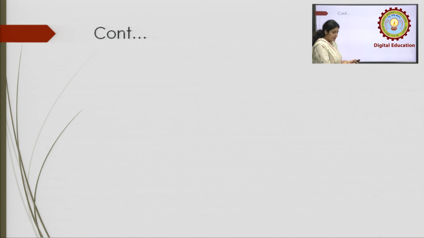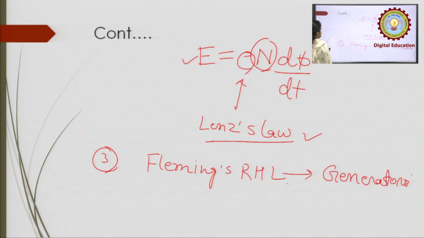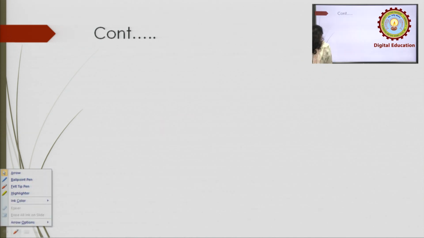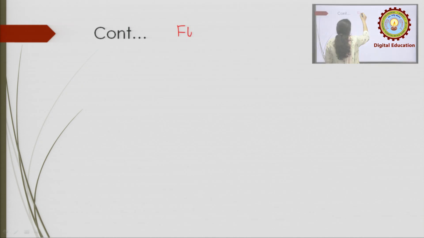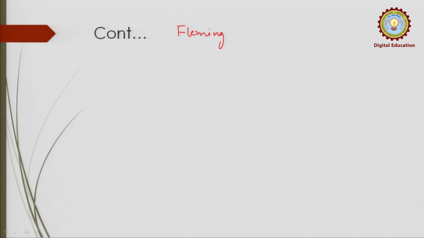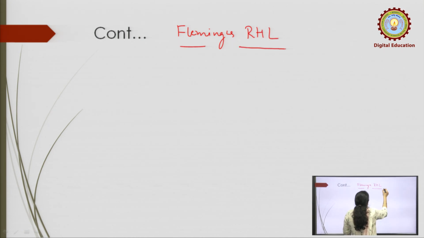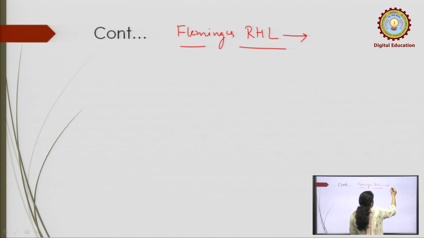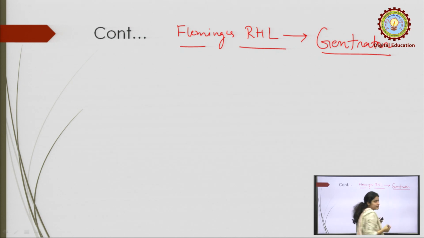So, next is the Fleming's right hand rule. This is applied only for generators.